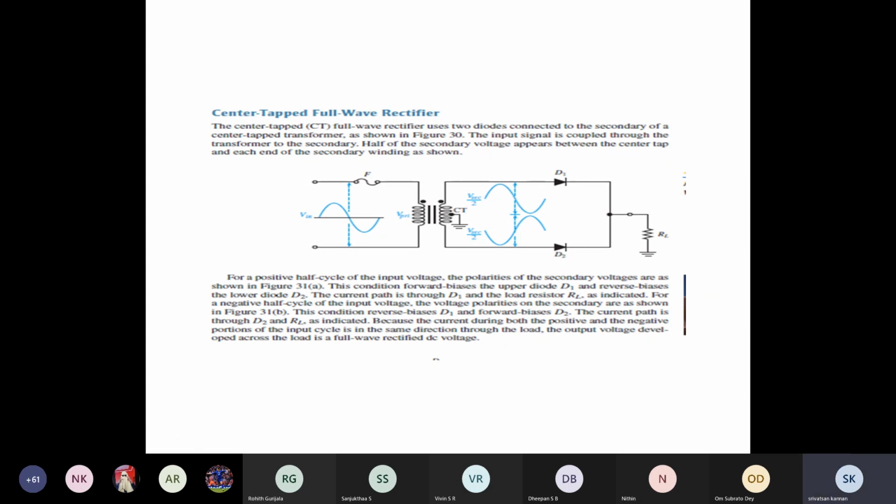If a transformer is not available, you have to use three inductors: one inductor for the primary and two inductors for the secondary. You construct the same circuit I have shown now, and I'll tell you how to set the values.